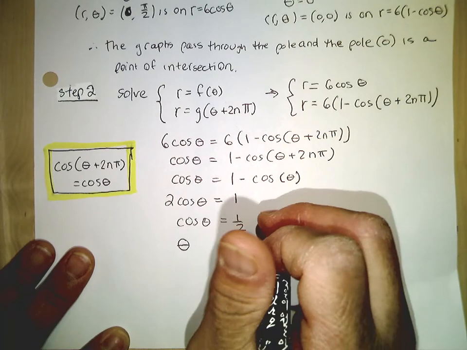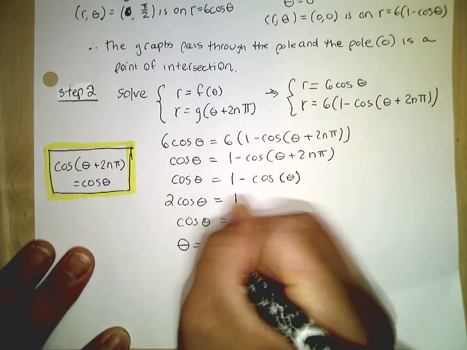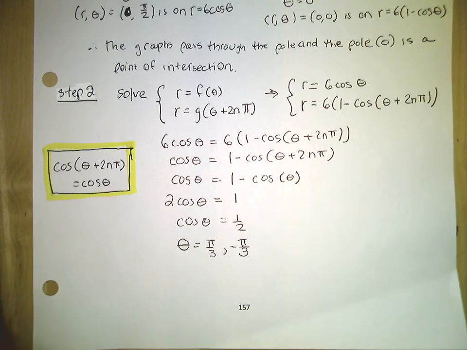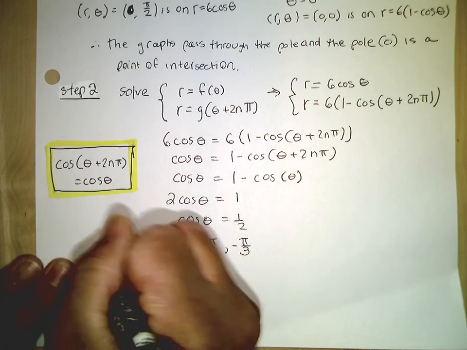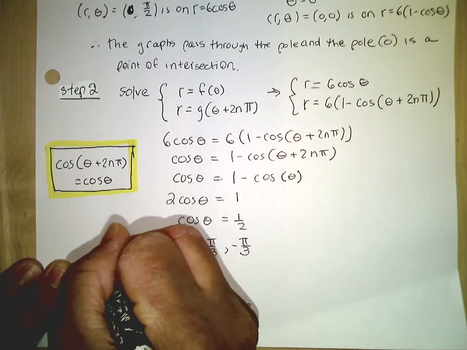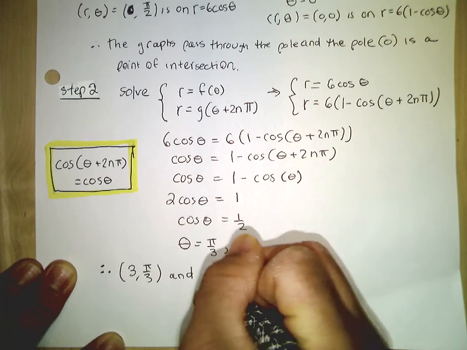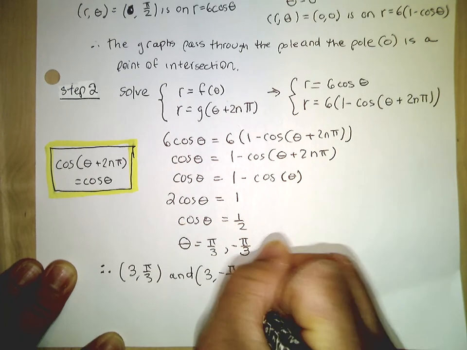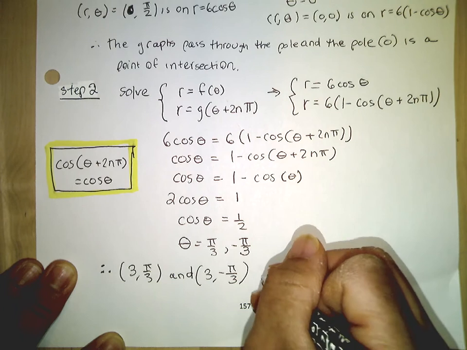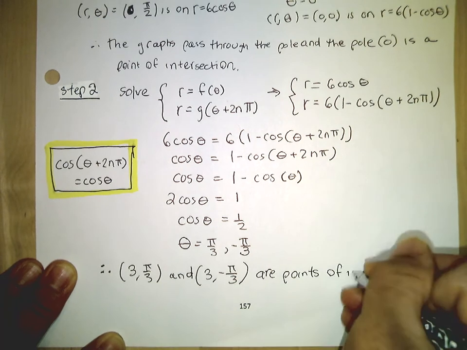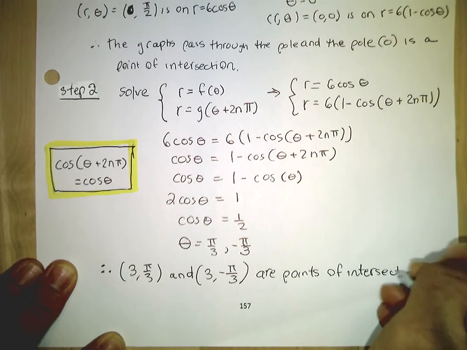So then I know that cosine of theta is a half when theta is pi over 3 or the opposite of pi over 3. All right, so now what that tells me is that (3, pi over 3) and (3, the opposite of pi over 3) are points of intersection.